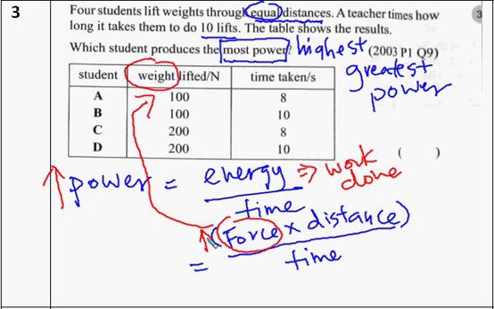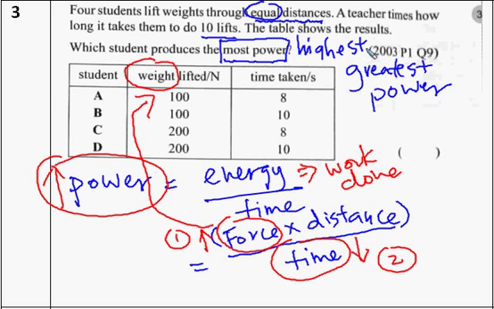So I can either increase my force, option 1, or option 2 is to reduce my time taken. This is very important. In order to get my greatest power, I must increase the weight, or I must decrease my time.